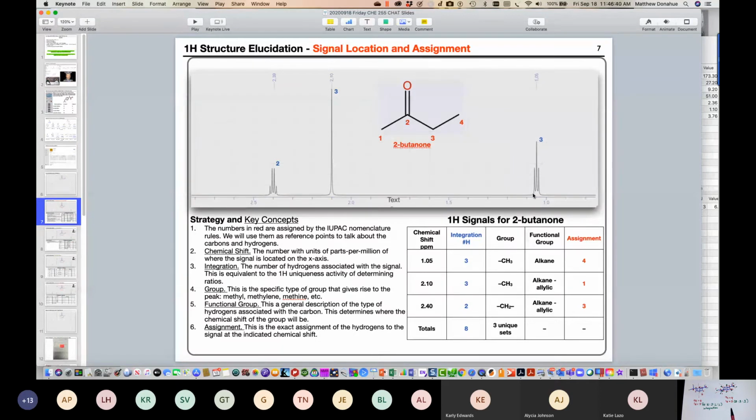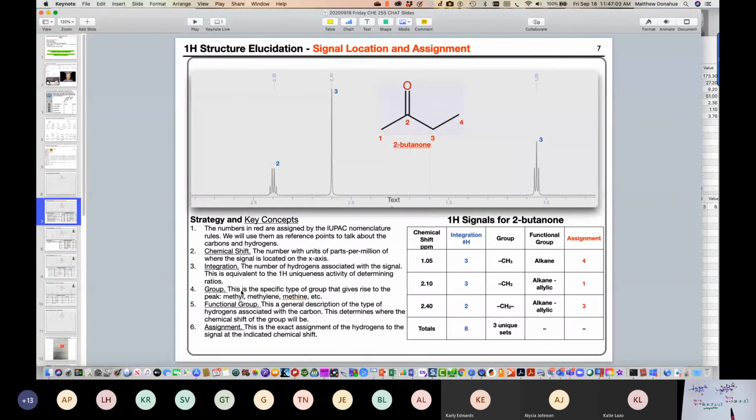So we're at 1.5. The number in blue is called the integration. It's the number of hydrogens associated with that signal. As I said before, this is equivalent to the uniqueness activity of determining the ratio. So that signal belongs to 3 hydrogens.